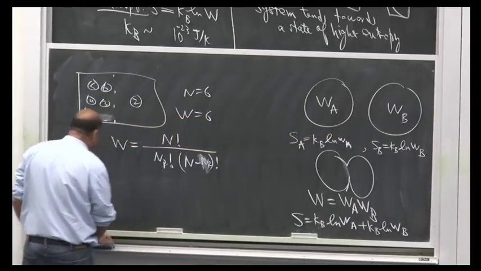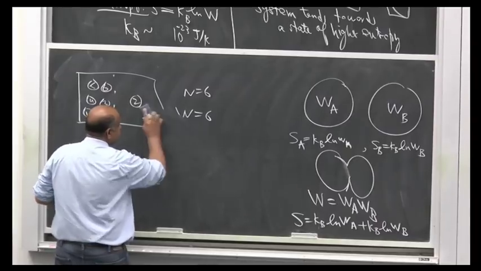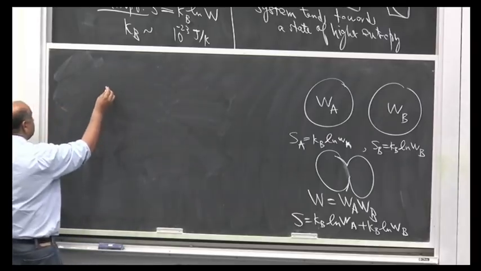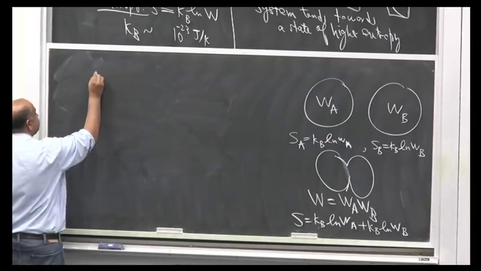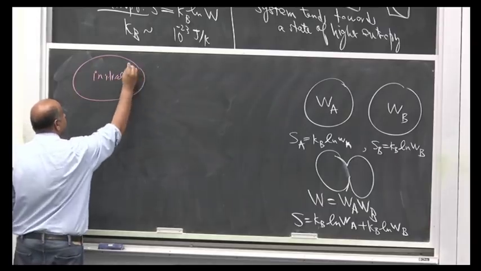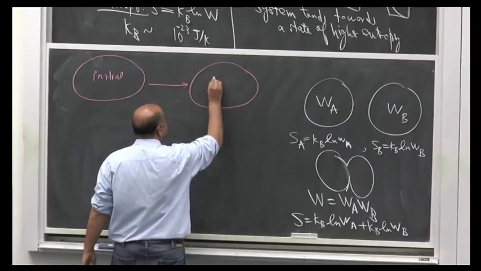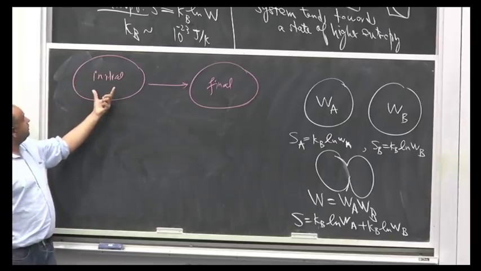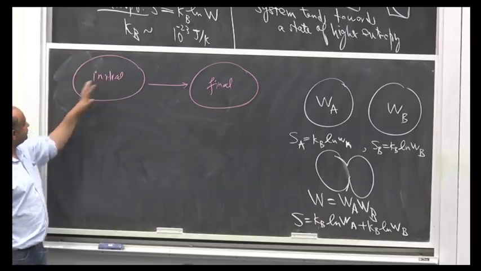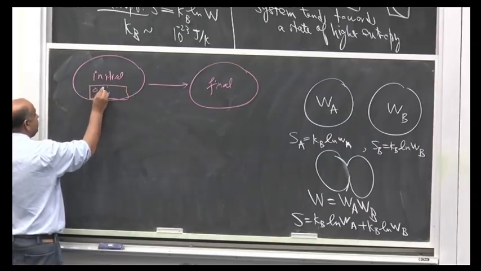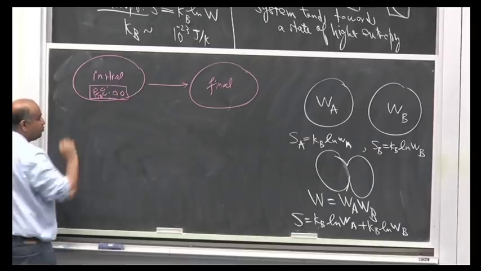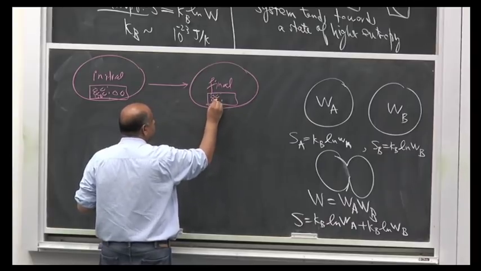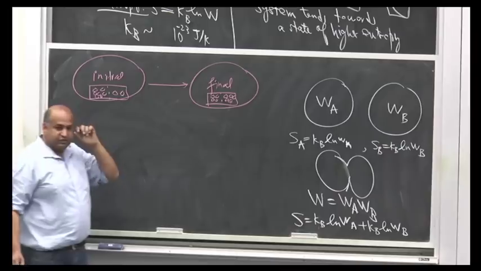There is another consequence of this definition. Let's say we have a system which starts from an initial state and evolves to another final state. And if you want to imagine, you can imagine the same two-sided room. Suppose we start the system in such a way that there are 9 particles here and 2 particles here, and after a while it reaches a macrostate of 4 particles here and the rest here. So this is some final state.